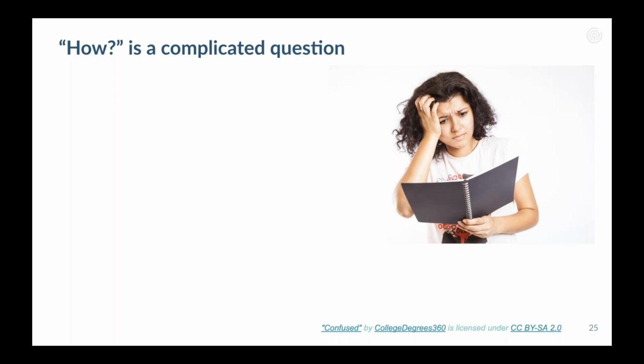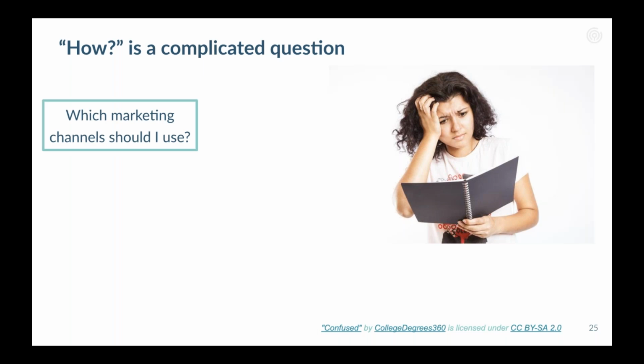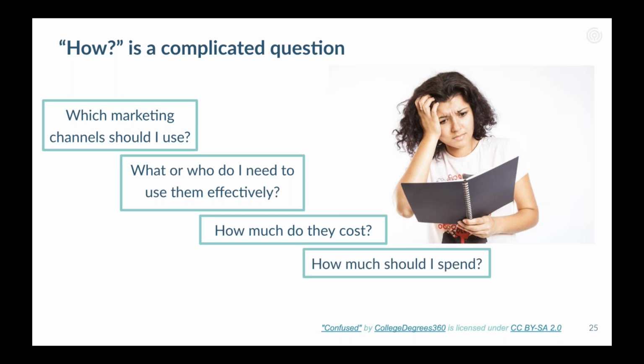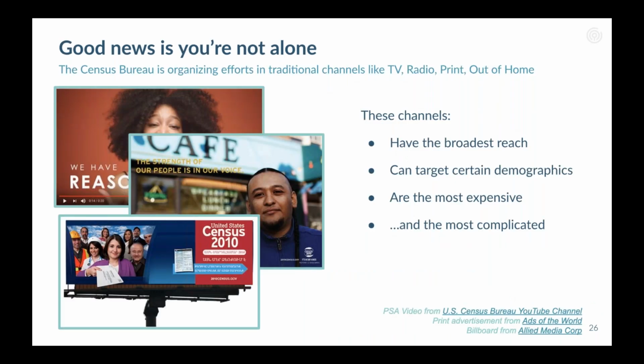It's a very complicated question when you're looking at which marketing channels you should even consider using, what resources you might need available to use them effectively, how much each one might cost, as well as what investment you should be putting toward your marketing campaign. And then also, how do you even know it's working? If this sounds overwhelming, it can be, but the good news is that you're not alone.